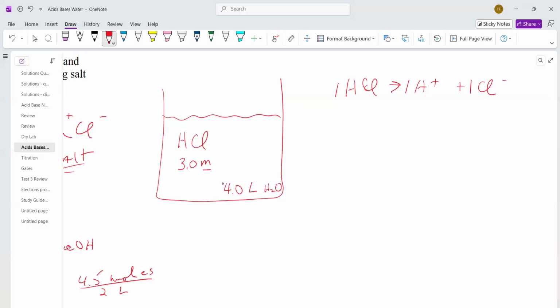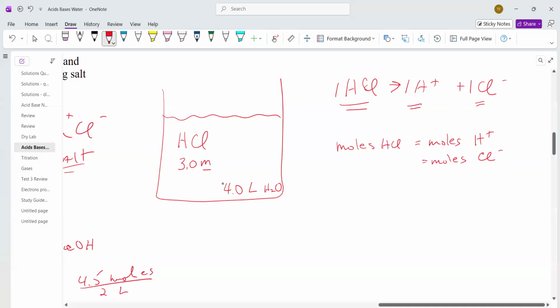So if we know how many moles of HCl we have, that's equal to the same number of moles of H+ and of Cl-, and that's so because the balanced equation has coefficients of 1.